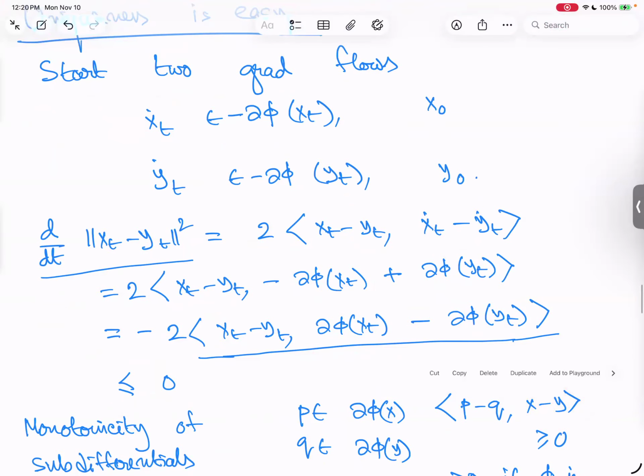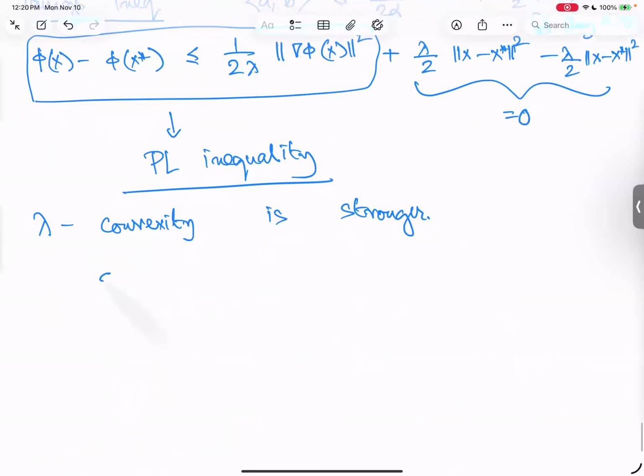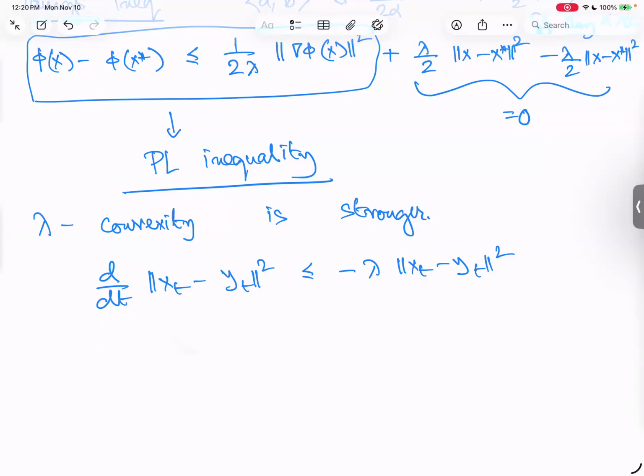So what we get from here is that if it is lambda convex, then d/dt of the norm square of x_t minus y_t is less than or equal to minus lambda times the norm square of x_t minus y_t. And this would tell me that the norm square of x_t minus y_t is less than or equal to the norm square of x_0 minus y_0 times e to the power minus lambda t.